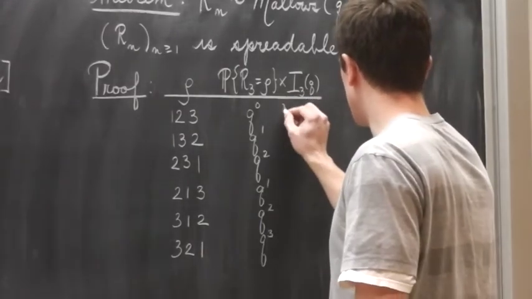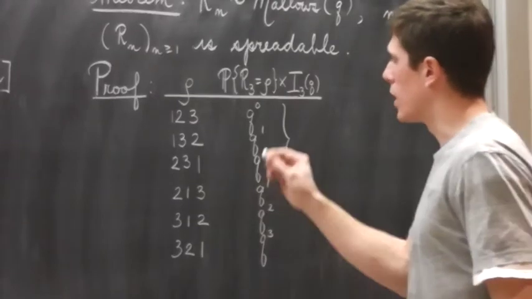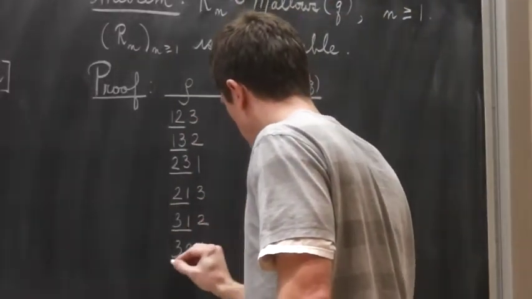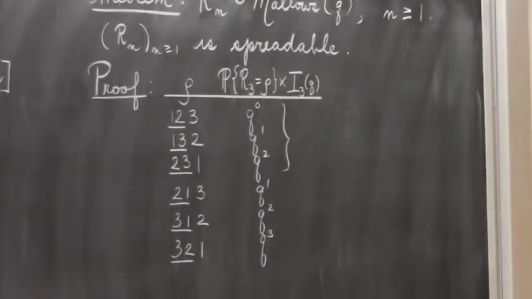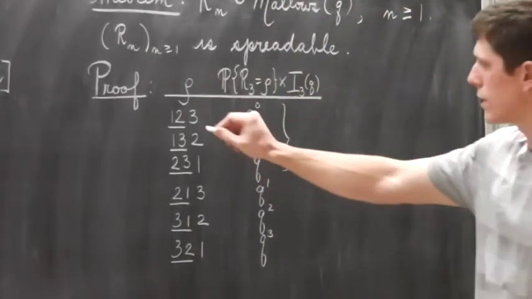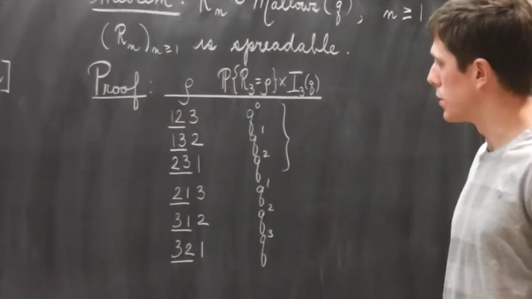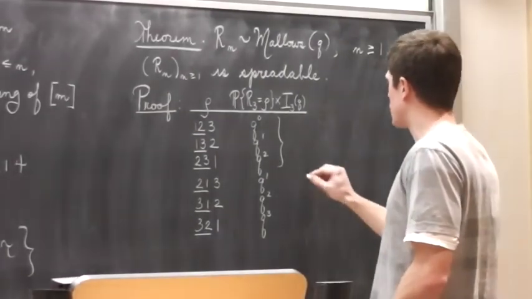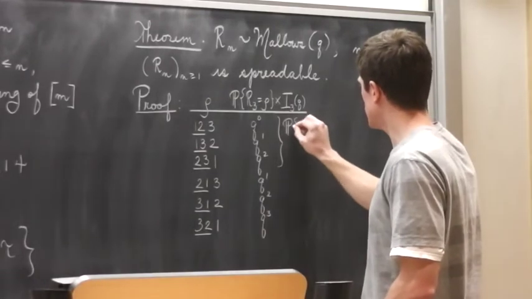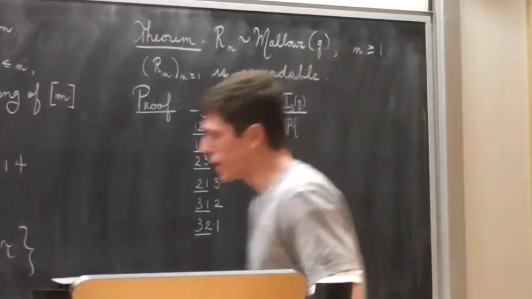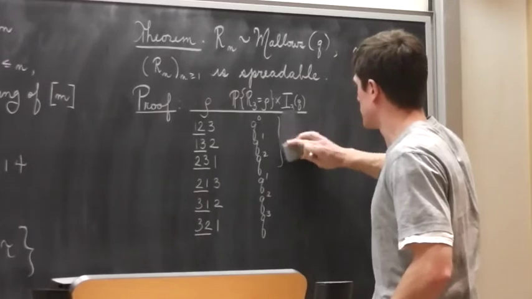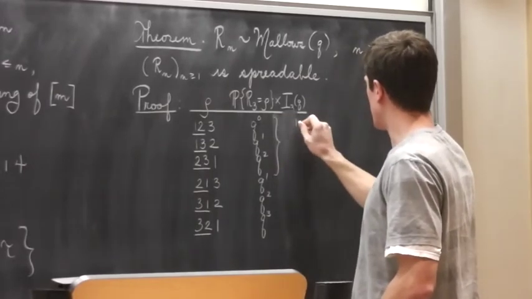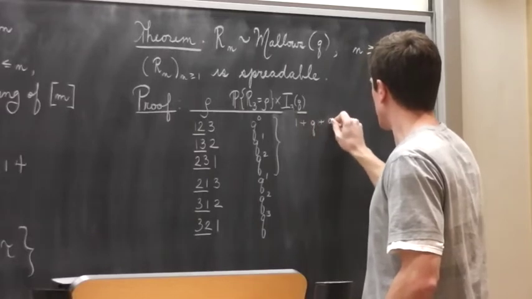And so in this case, if we just consider, for example, the ranking induced by the first two elements, these first three rankings will induce the ranking 1, 2, with no inversions. And so if we add these probabilities up, then we get 1 plus q squared.